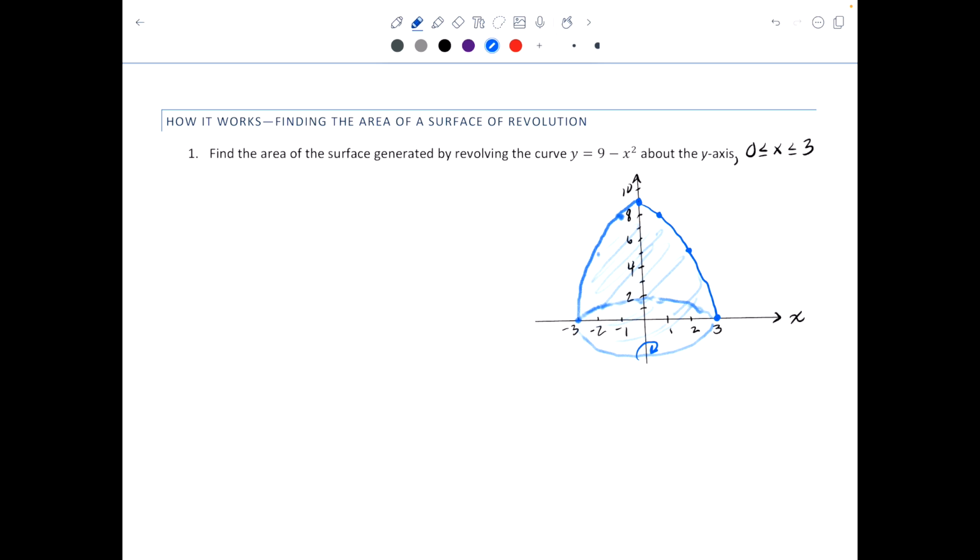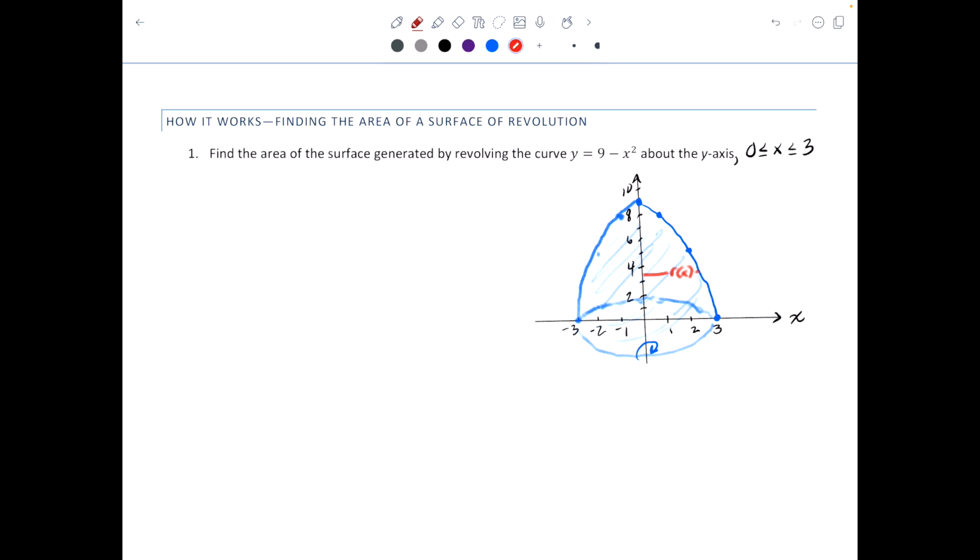Cool? Okay, so remember the arc length is the original drawn in the pen on the right side. So our radius is this length here at any time. So this is our radius in terms of x. At any time, how far away is your arc from your axis?